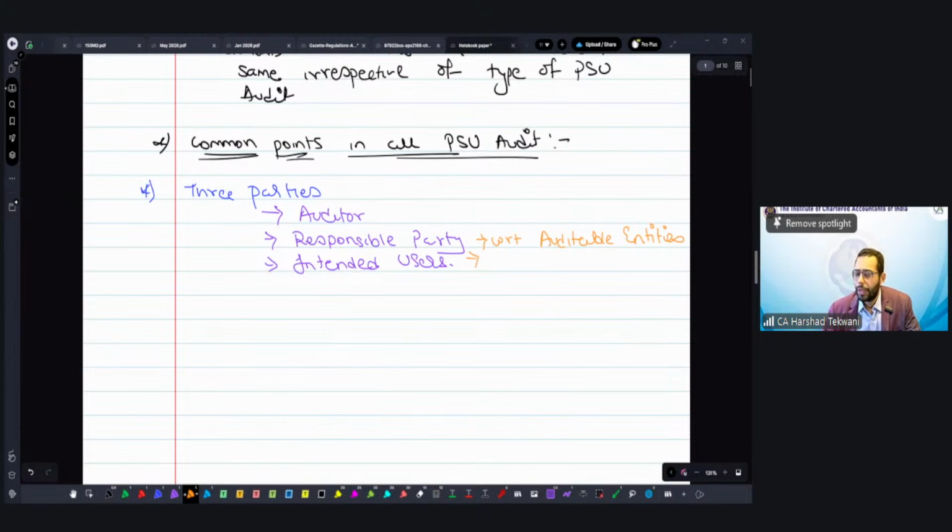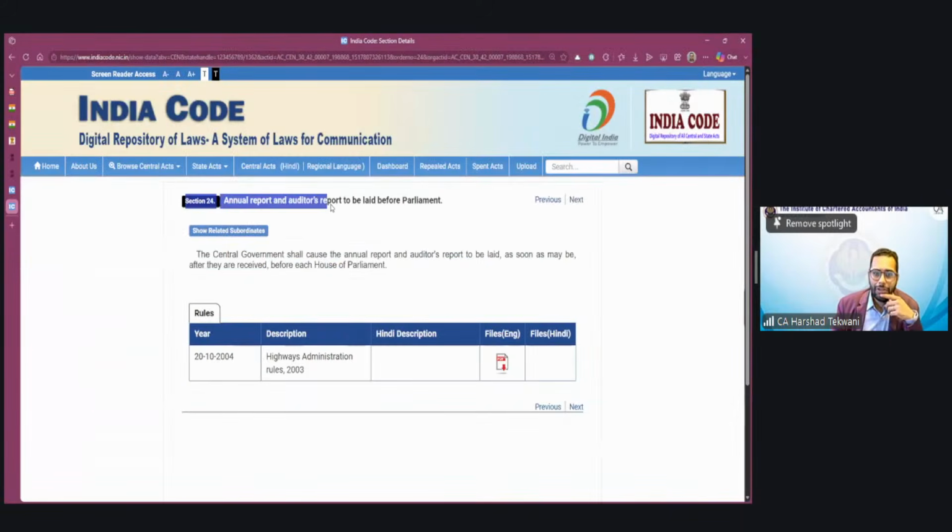Okay, let me show you something. So when I talk about intended users, let's say in case of NHAI, section 24 will tell me who are the intended users.